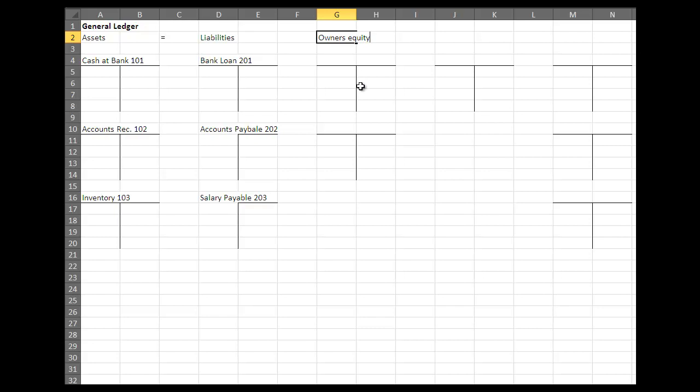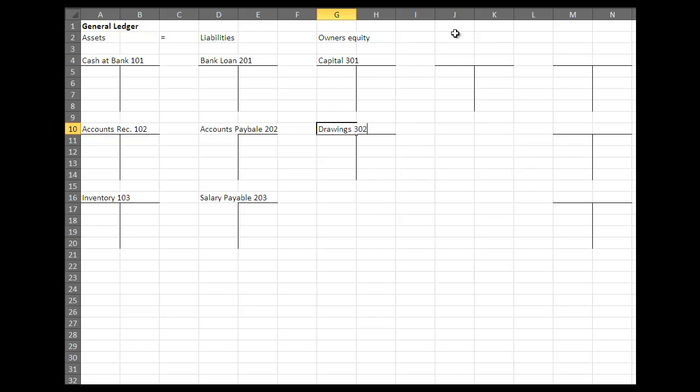And owner's equity is going to have components of the capital account, the only permanent account in owner's equity, capital, which is 301. Then there's drawings, which is 302.